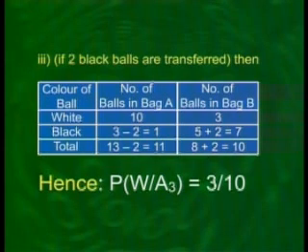Hence, the probability of getting a white ball from the second bag, given that 2 black balls had been transferred into that bag, is equal to m over n, favorable over the total number of outcomes, and that is 3/10.